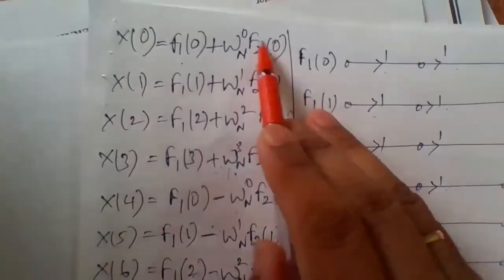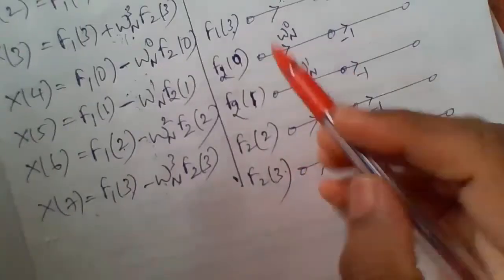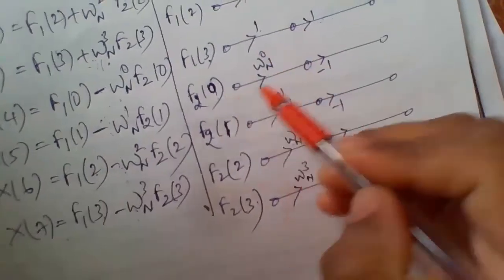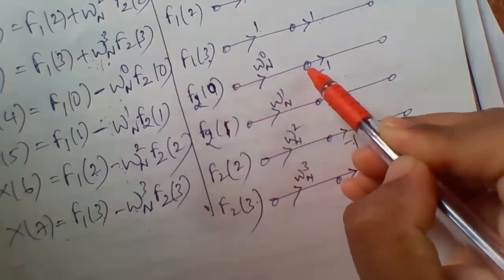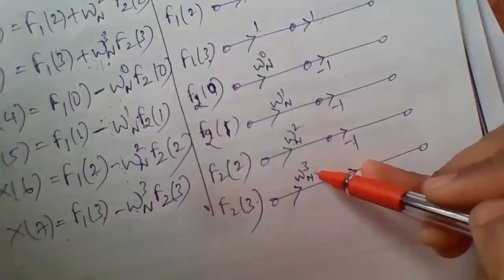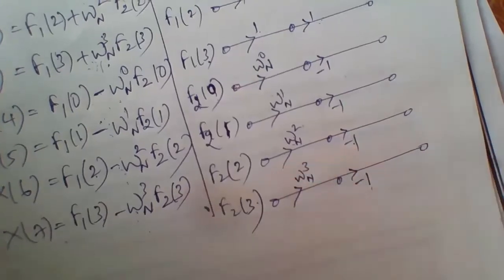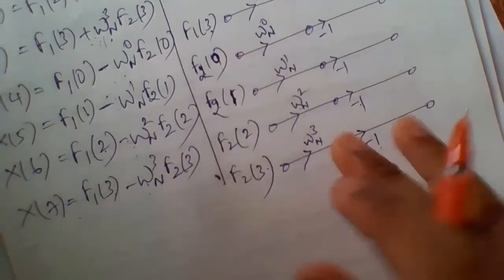Now it is not only f2 of 0; f2 of 0 will be multiplied by w raised to 0. So on the signal flow graph, when it passes through this branch, it will get multiplied by w raised to 0. It is already marked on the graph. As per the equation, we have every detail on the signal flow graph, so we simply need to connect the lines.